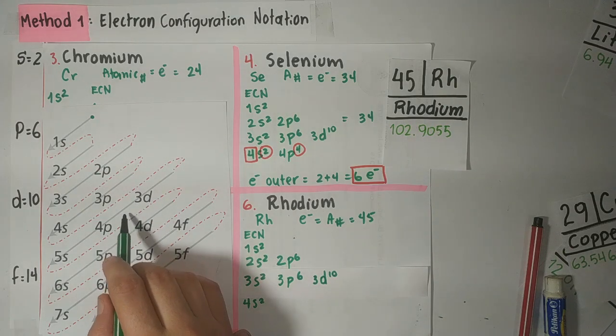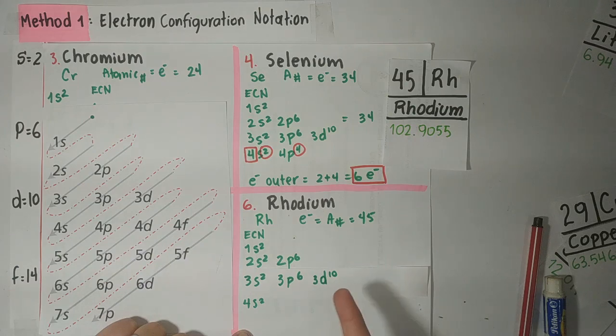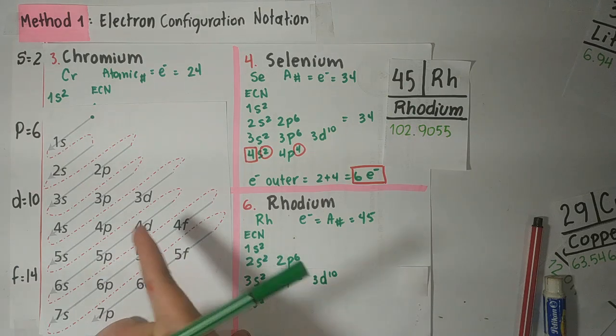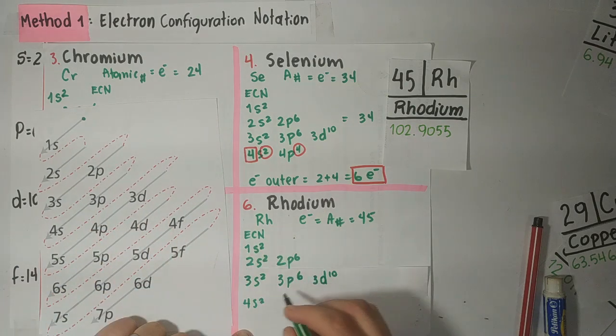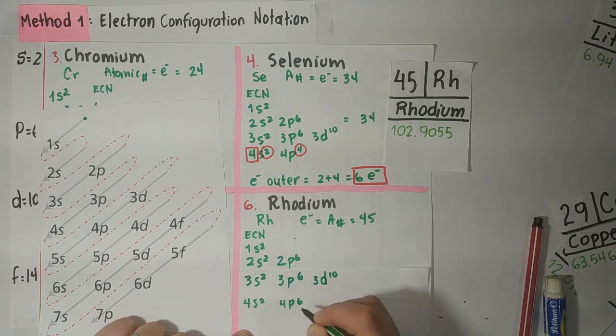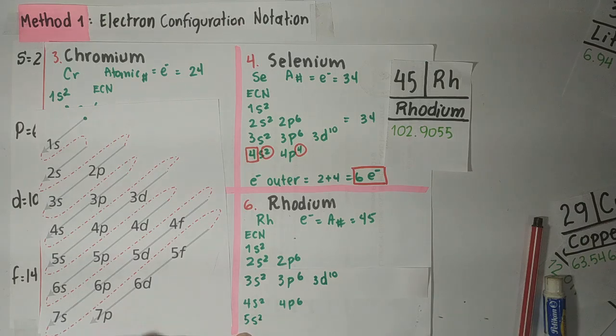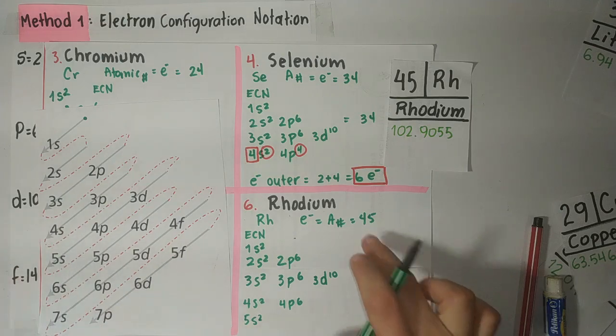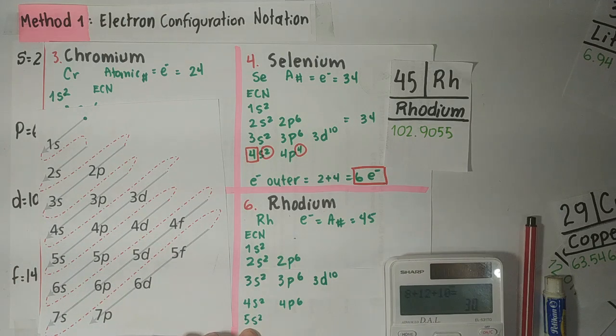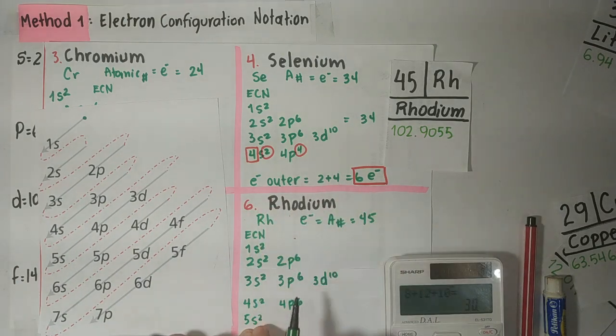After 3d10, that means that we need 15 more electrons. So we continue with 4p6. We continue with 5s2. So at this moment, I know that I'm very close to 45. So I will start by counting everything I have.